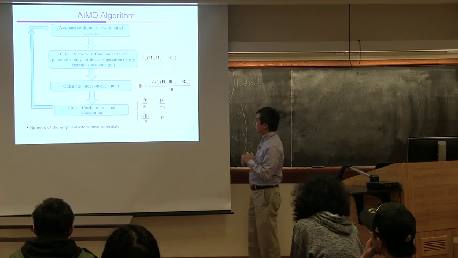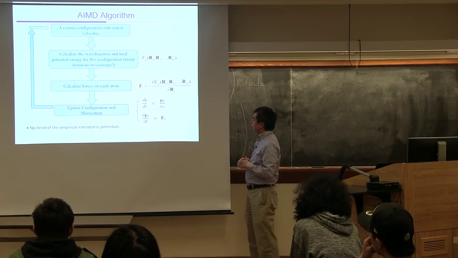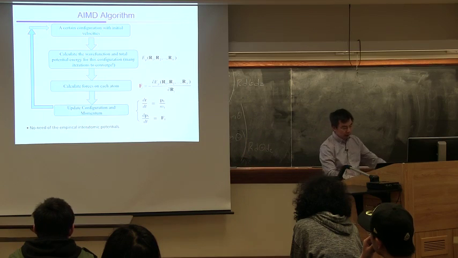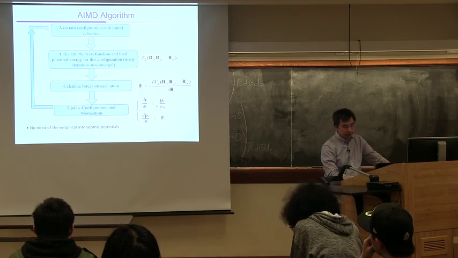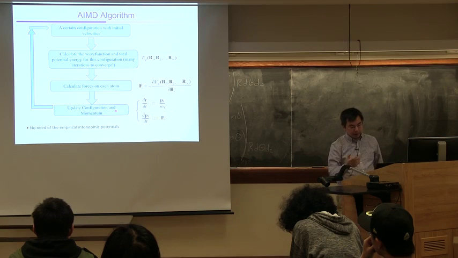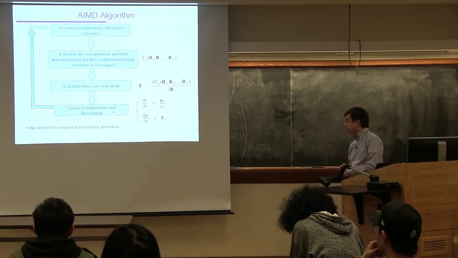And with that, the acceleration will be calculated. And so we use the standard MD algorithm, leapfrog, for example, to determine the next position and the new velocity of these atoms, right?